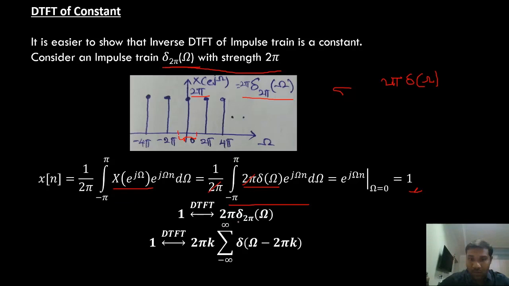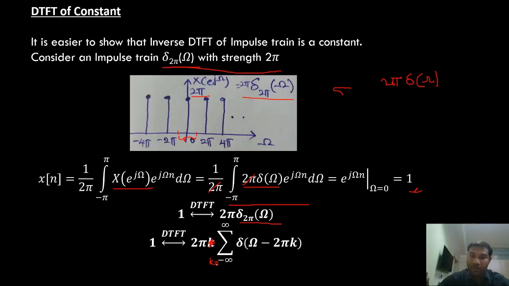So this delta 2 pi of omega, I can write as the summation from minus infinity to infinity. I am having impulses from minus infinity to plus infinity: delta of omega minus 2 pi k, right? Here k goes from minus infinity to plus infinity.